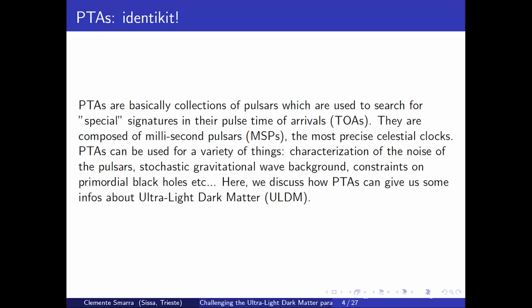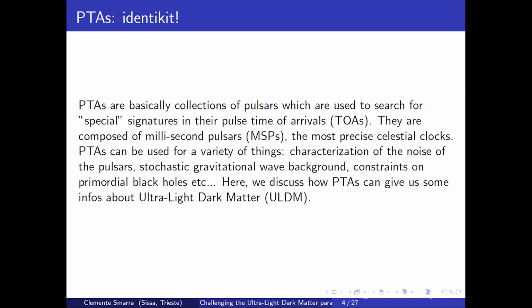Pulsar timing arrays are basically collections of pulsars which are used to search for special signatures in their times of arrival. They are composed of millisecond pulsars, which are very stable clocks. Millisecond pulsars send us very precise signals with a very precise period.